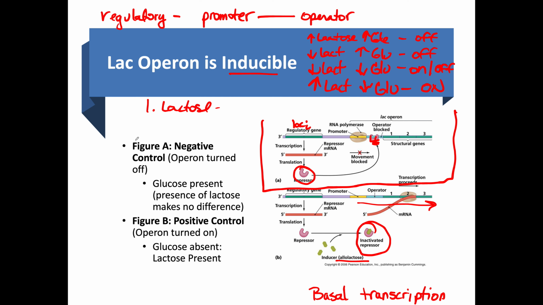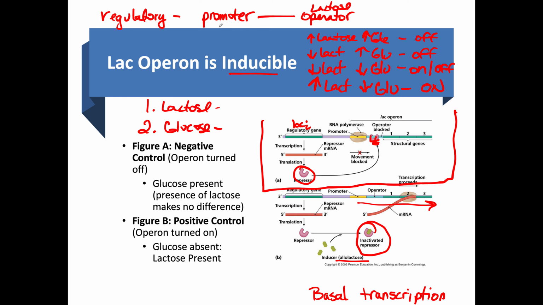But remember, this is a combinatorial control method. So there's a second level that's very important, and that's glucose. In glucose metabolism, this is an indirect type of measurement. Let's write lactose up here so we know the operator is regulated by the absence or presence of lactose.